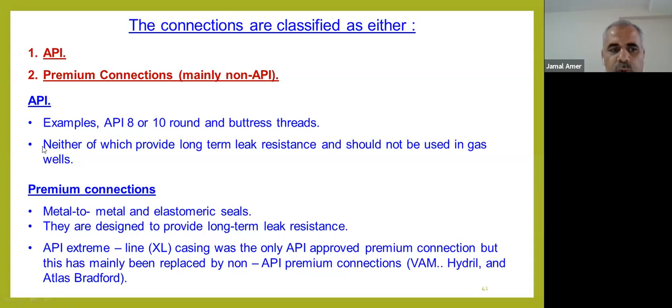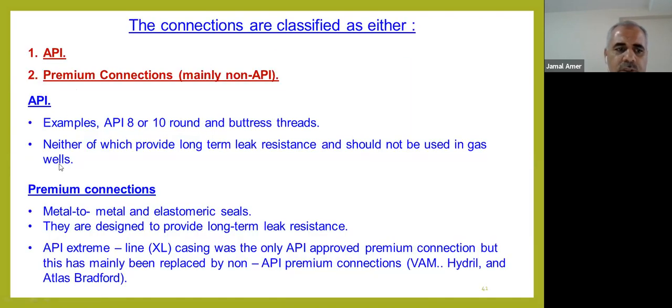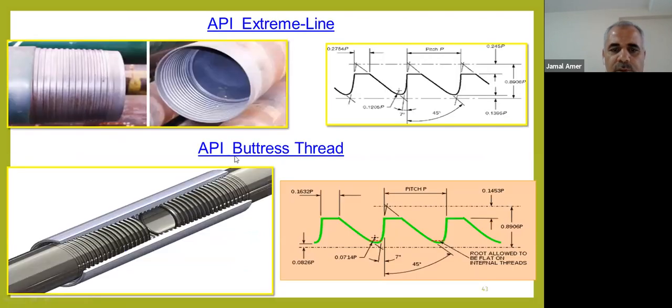We will explain deeply all these things about premium connection and API connection, and also the types of thread. We have different types of threads because, as we said, we have different connections. Different connections mean different threads, and we have to be familiar with the threads, such as API extreme line and API buttress thread.